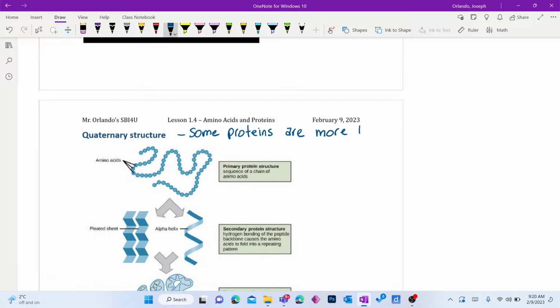I don't like it, because I find it very difficult to say. Amino acid chains put together. So if you put two tertiary structures together, they will form a quaternary structure.